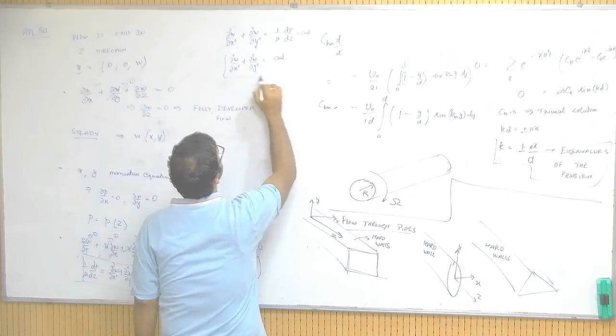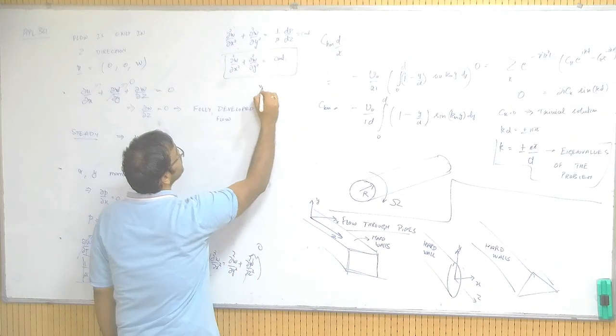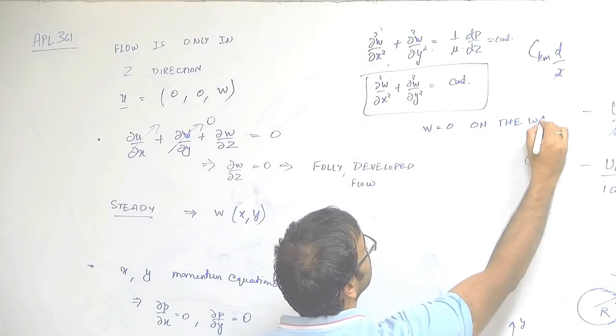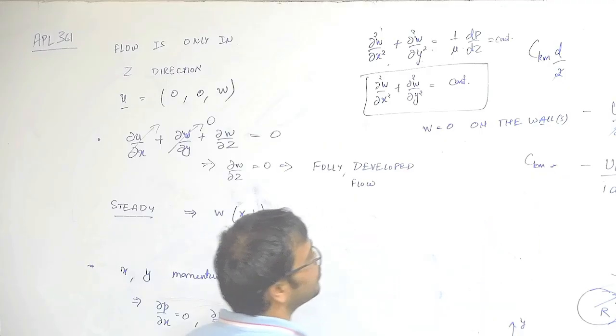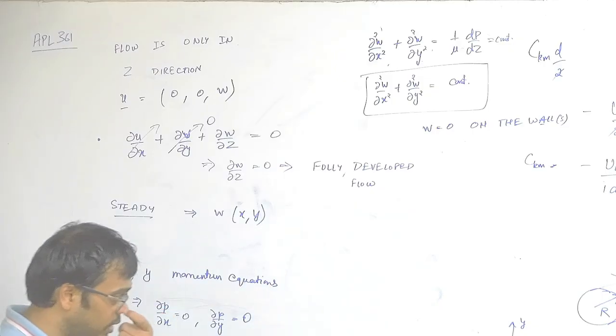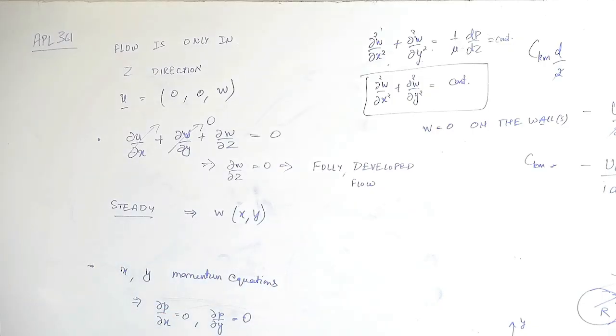So this equation needs to be solved with the condition that w equals 0 on the wall or walls, if you are considering multiple walls like in the square or triangular cross section.